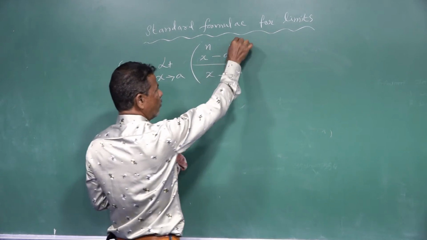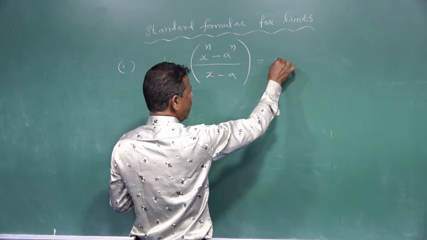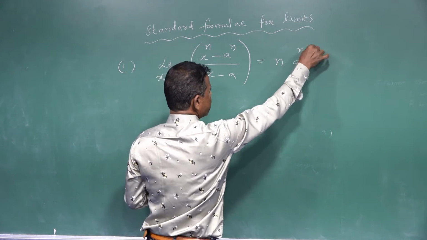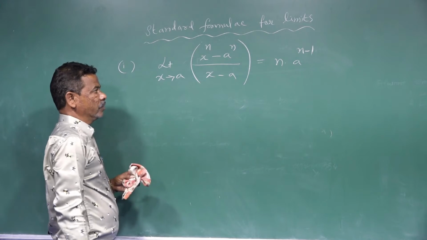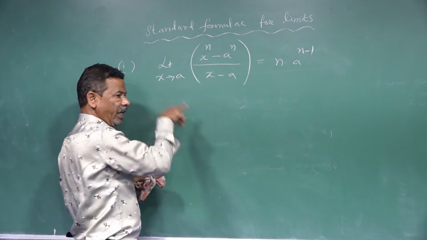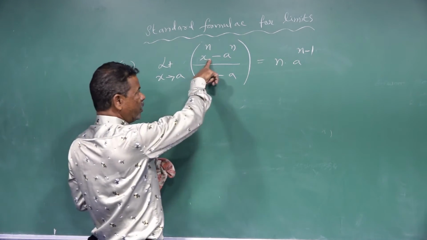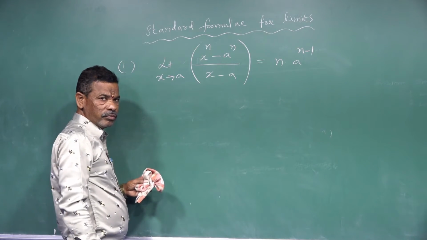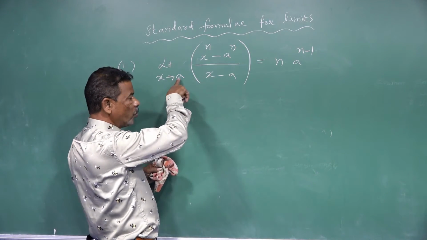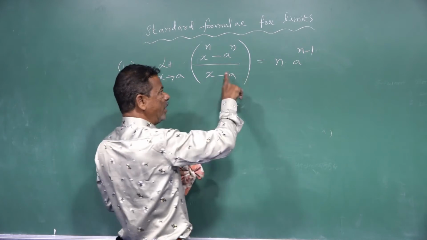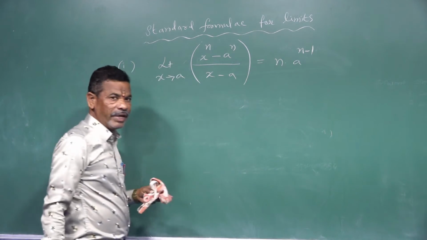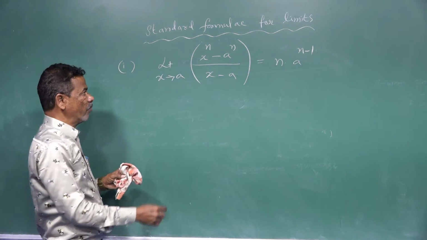This is the first formula. This equals n into a to the power n minus 1. If x is equal to a, then what happens? Here 0, here 0. But x tends to a, that's why this value is n into a to the power of n minus 1.